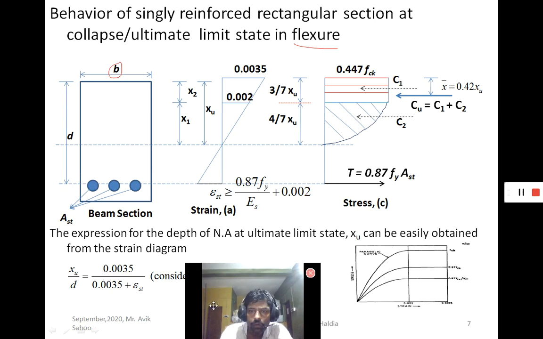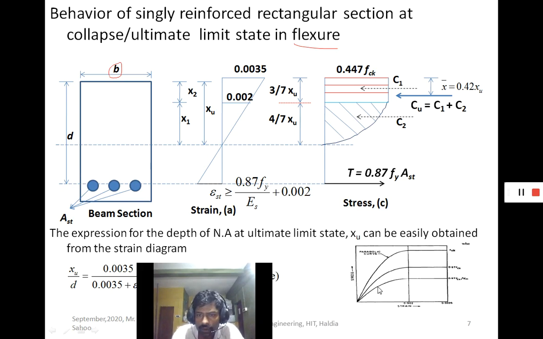Now you see that this is a stress strain diagram, because this curve we want to consider, because this is a design stress strain diagram. So 0.67 by 1.5, how much? It is 0.447 fck. Now this is the strain diagram.